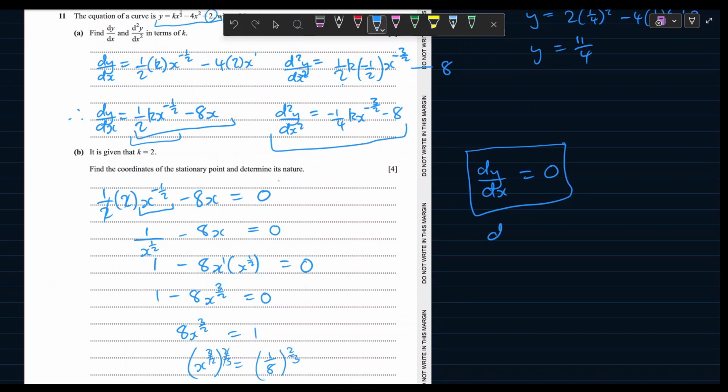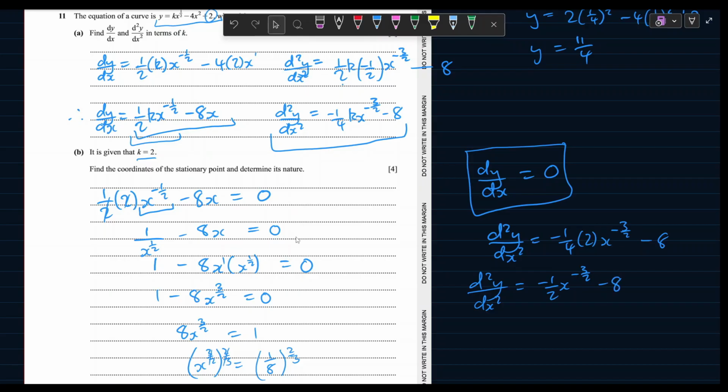Okay, so our second derivative, remember here we're still working with k is 2. Our second derivative is equal to negative a quarter times 2x to the negative 3/2 minus 8. And so d squared y dx squared is equal to negative 1/2 x to the negative 3/2 minus 8.